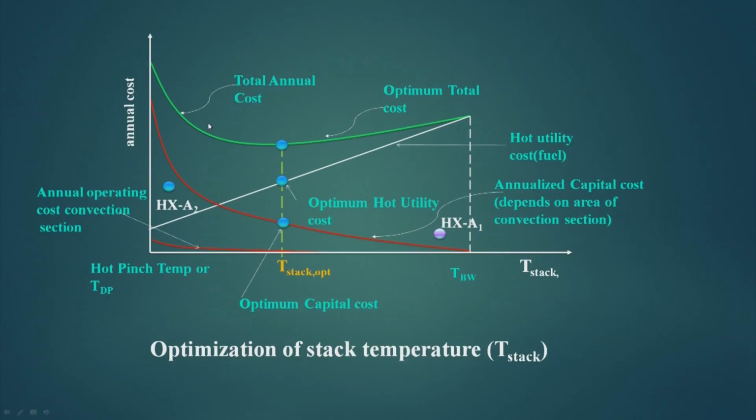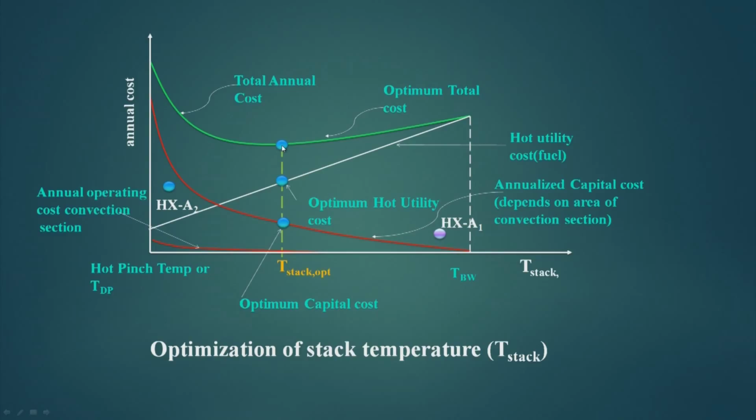Now, this is the total annual cost. This is the hot utility cost, that is the cost of the fuel, this is the annual capitalized cost, which depends upon the area of the convection section, and this is the annual operating cost of the convection section. When we add them together, this is the total annual cost which we get.